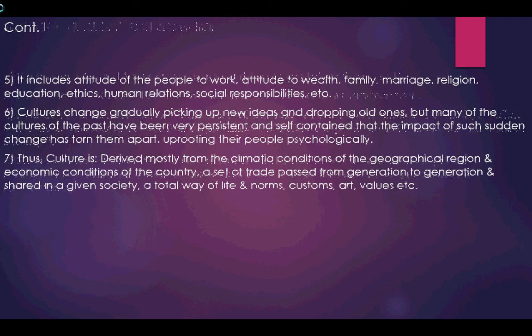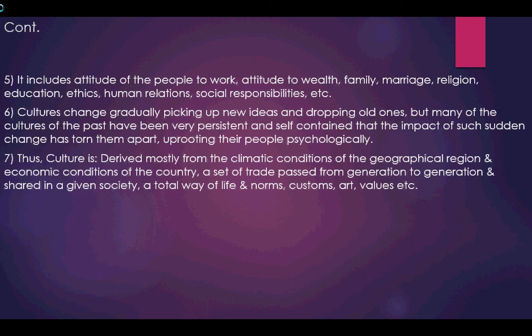It includes the attitude of the people towards work, wealth, family, marriage, religion, education, ethics, human relations, social responsibilities, etc. Cultures change gradually, picking up new ideas and dropping old ones. But many of the cultures of the past have been very persistent even today.